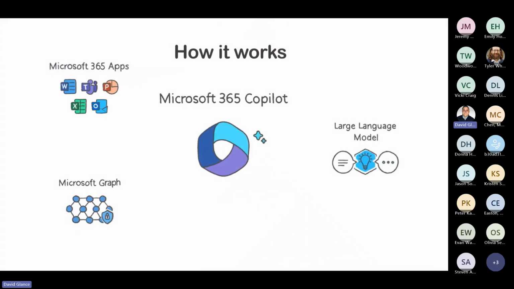Now, to talk a little bit more about how it works, let's go back to GPT. Think of GPT as like a bookworm robot that's read pretty much everything on the internet. The reason it knows pretty much everything on the internet is so that it could learn how to chat, how to communicate, how to go back and forth, right?